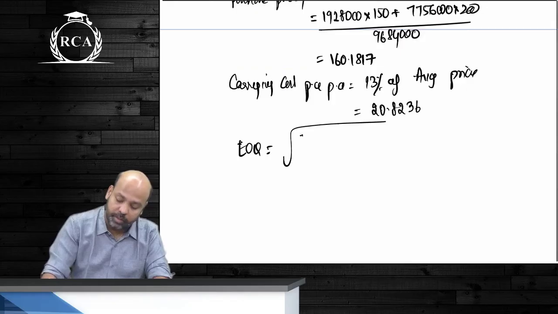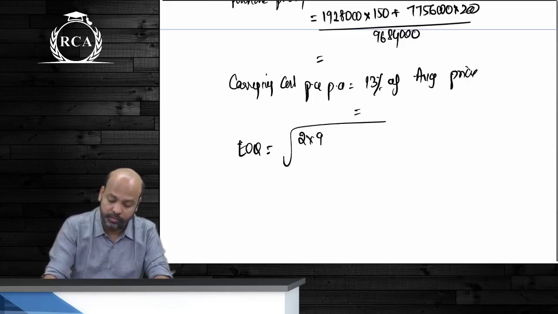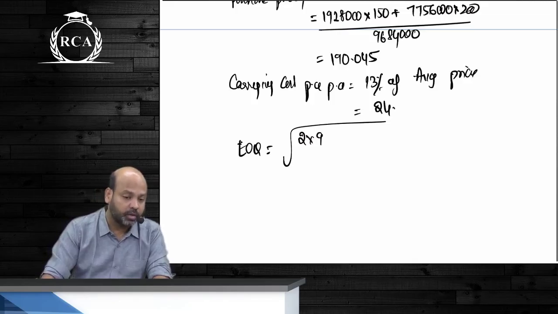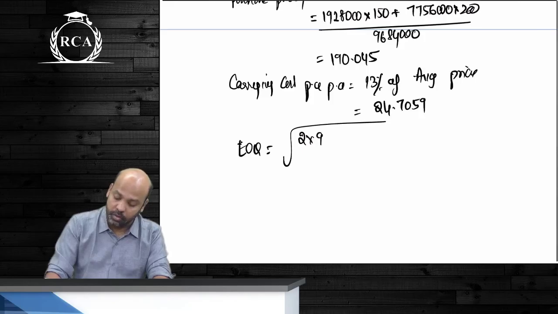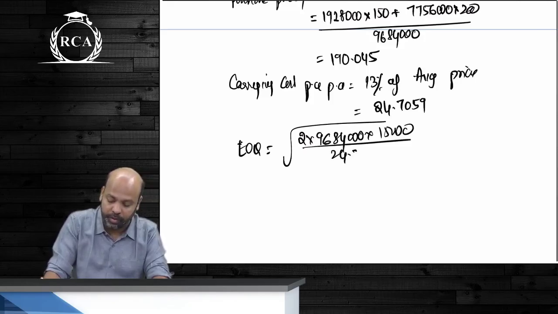EOQ will now be equal to 2 times 96 lakhs 84,000 multiplied by 15,000 divided by the carrying cost. How much is 13% of 190.045? It is 24.7059.